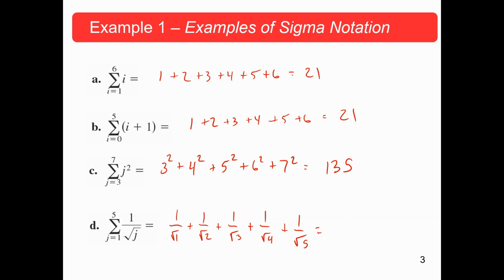Of course, you can just plug this into your calculator and get an approximation: 1 plus 1 over the square root of 2 plus 1 over the square root of 3 plus 1 over the square root of 4 plus 1 over the square root of 5 equals approximately 3.23167.